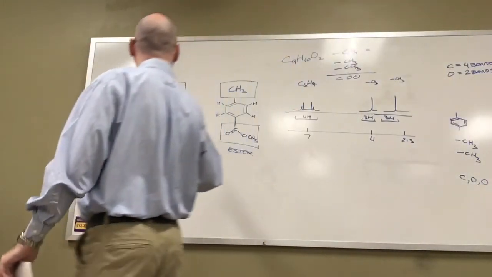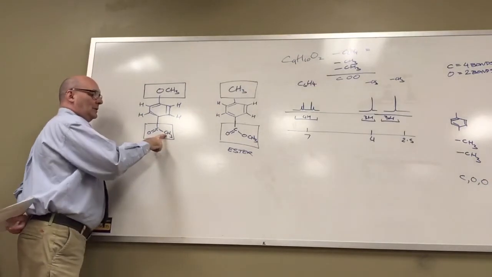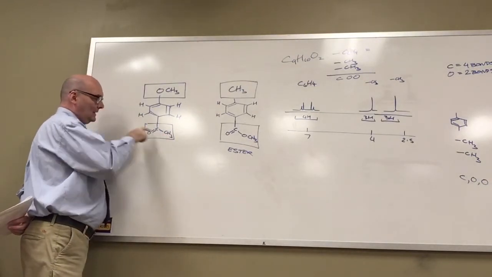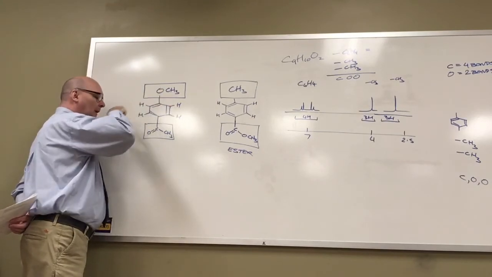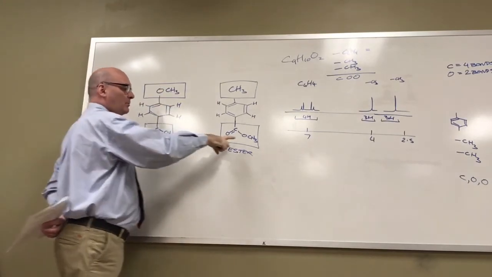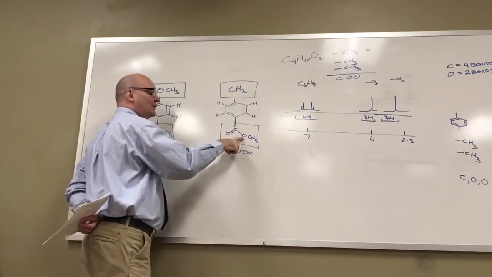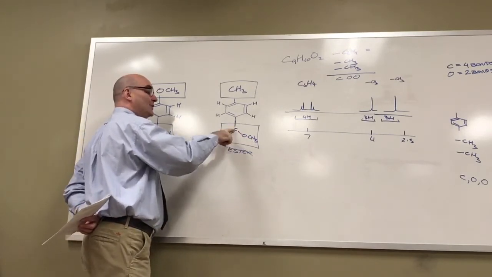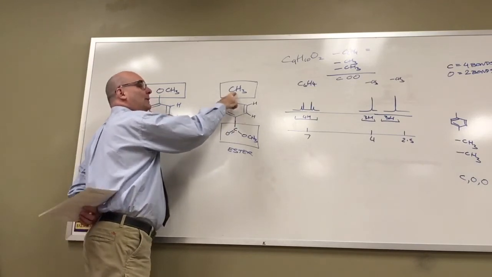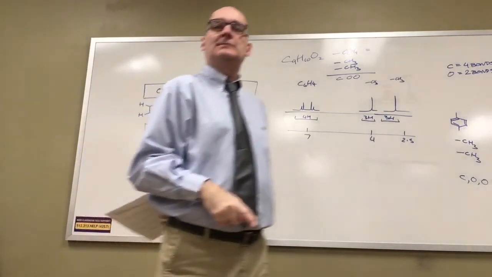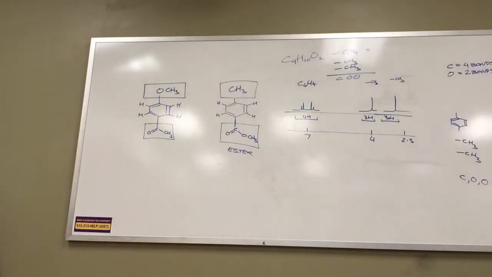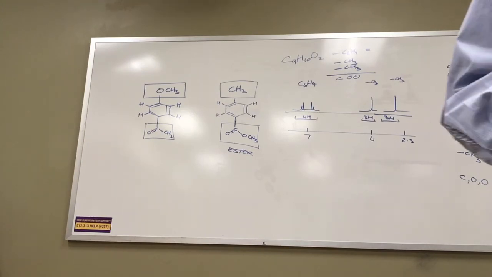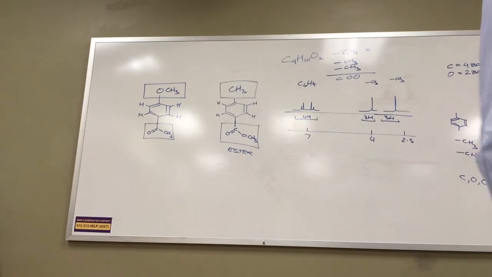So, where would a methyl attached to a carbonyl show up? Where would a methyl directly attached to an oxygen show up? Where would a methyl attached to an oxygen that is part of an ester group show up? Where would a methyl that is a toluene show up? And you can either pore through the correlation table, or you can look at the software and drop both molecules in and see which one of them is the best fit.